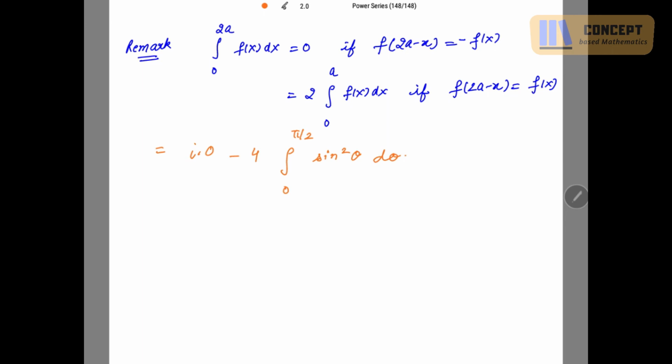Because 0 to 2π can be written as 0 to π/2 twice, then again twice. So this is 4 times the integral from 0 to π/2 of sin² θ dθ. You use these two properties and you will get the answer. This is equal to minus 4 times 1/2 times π/2, which is further equal to minus π. Thanks for watching this video.